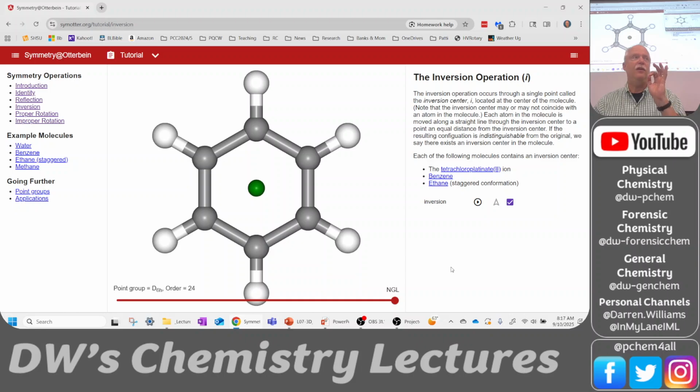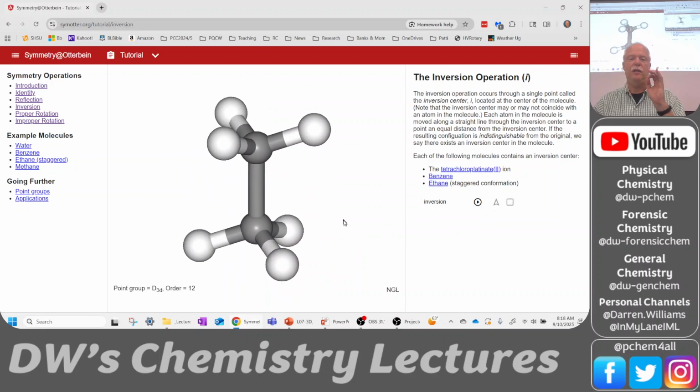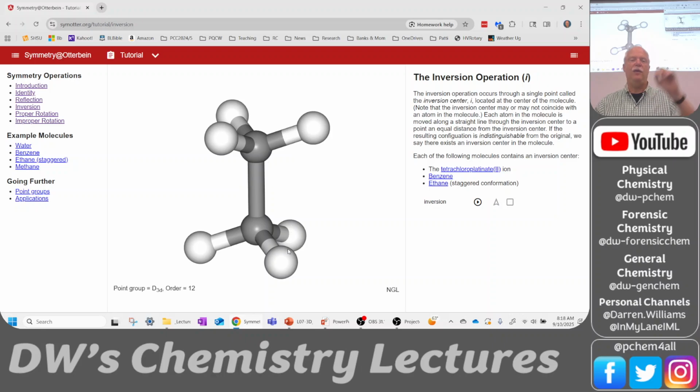Any questions on the inversion axis? Let me just show you one more quick one, ethane. So we're going to look at this molecule. That's how I would draw it with the wedges and dashes here, and the wedges and dashes here. Notice to draw it as this staggered formation, the wedges and dashes are on the opposite side of the molecule. And here's the inversion center of mass of the molecule.